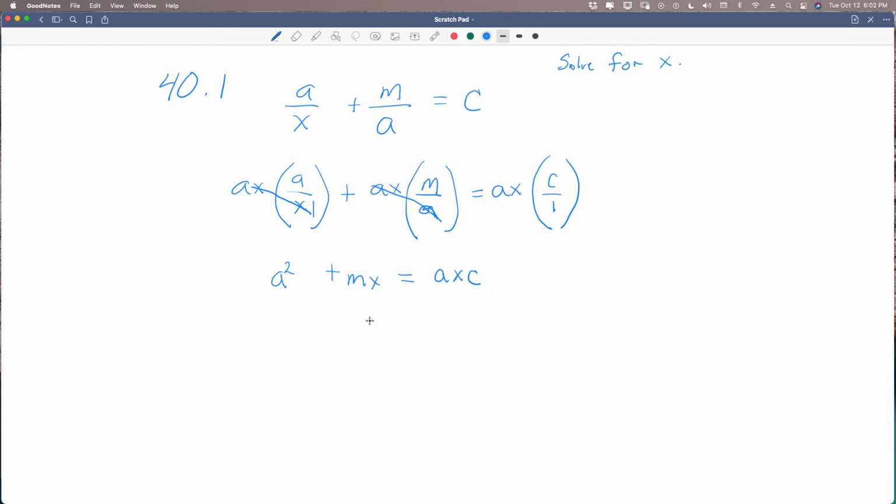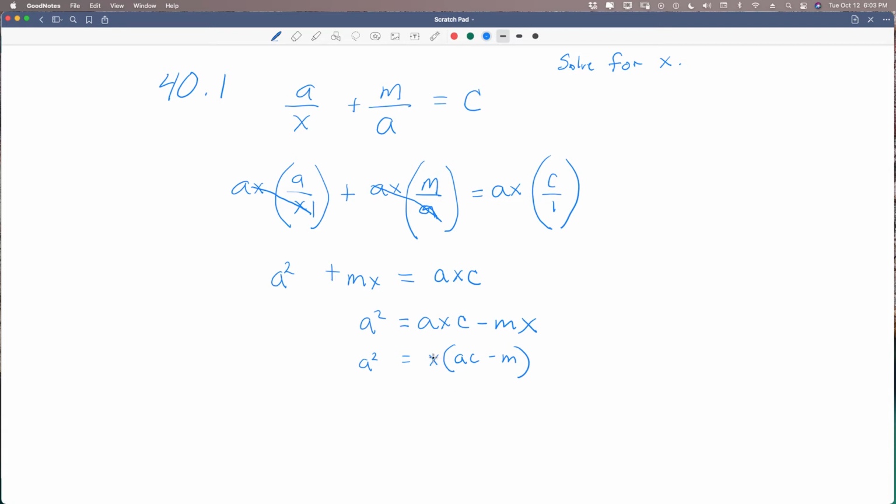So that means we're going to say a squared equals axc minus mx. Right? Now we are going to factor out x. So we have a squared equals x times ac minus m.